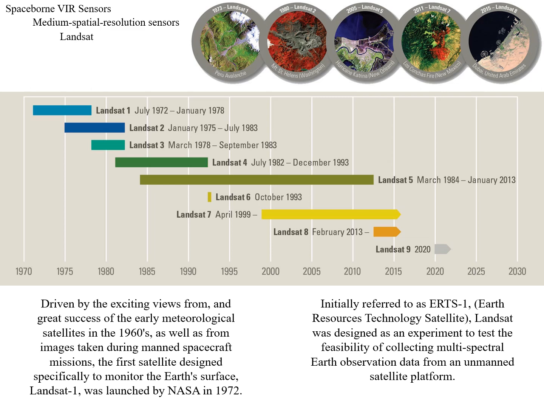So Landsat 1 was originally referred to as ERTS-1, the Earth Resources Technology Satellite, but apparently someone in public relations said, listen, let's call it something a little catchier, so it became Landsat. And it really was an experiment to test the feasibility of collecting multispectral Earth observation data from just an unmanned satellite platform. So again, they had no idea what this was going to become.